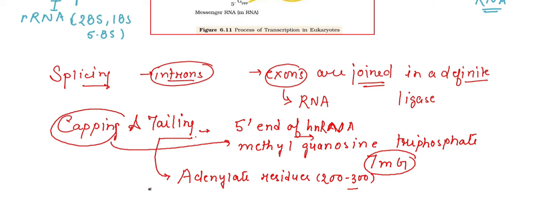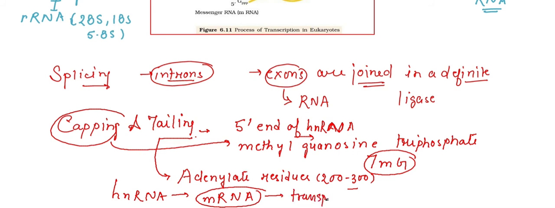The hnRNA gets processed and mRNA is formed from hnRNA, and now the processed mRNA is transported out of the nucleus, right? So this is the whole process.